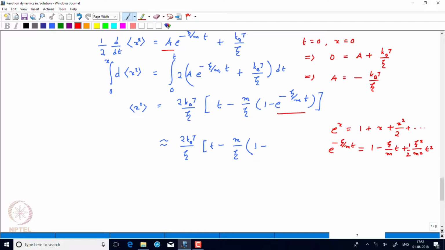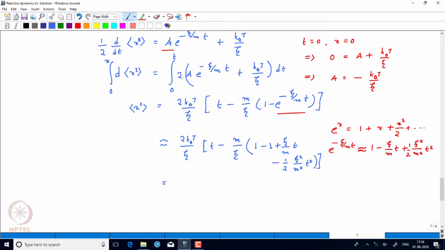So up to that point we are truncating the series. So we can put the values here, and we can see this 1 will get cancelled very easily, and then this minus sign becomes plus here, plus zeta by m into t, and then the plus sign becomes minus here, it will be minus half zeta square by m square into t square.